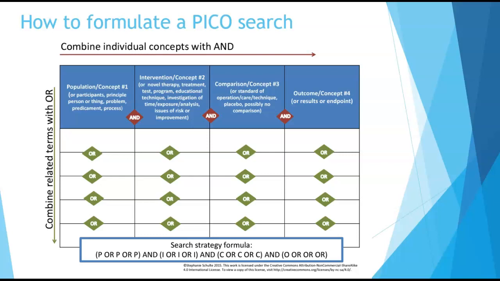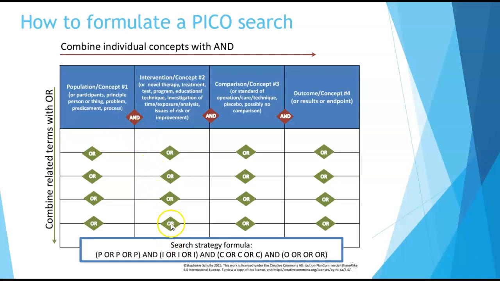So this is a tool that I found that kind of breaks it down into the P, I, C, O columns. And in each column, you can add several terms for each one. And what they have in between the slots are some of these Boolean operators, which are the terms or, and, and then at the top, it also has the word and.